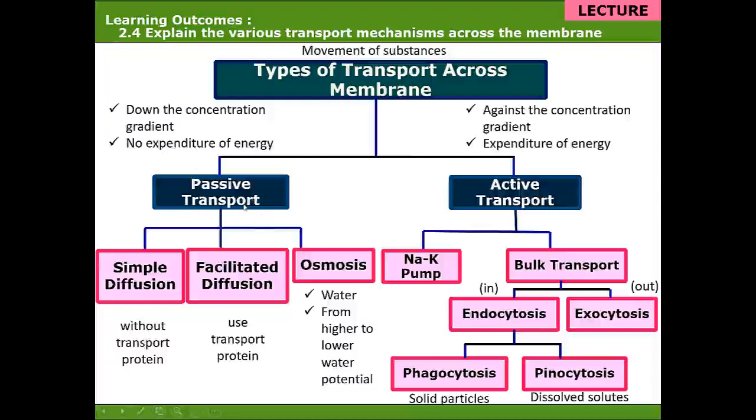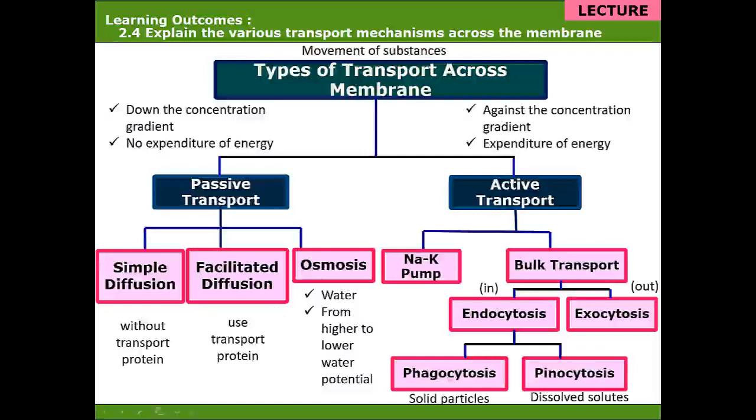The passive transport is further divided into three types: simple diffusion, facilitated diffusion, and osmosis. For simple diffusion, the substances diffuse across the phospholipid bilayer without using any transport protein. For facilitated diffusion, the substances diffuse across the phospholipid bilayer with the help of a transport protein.